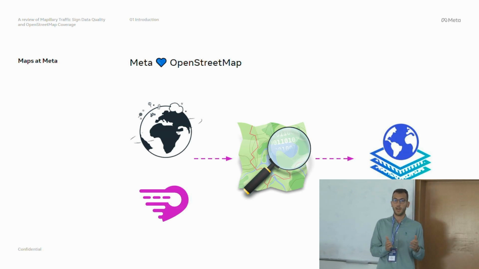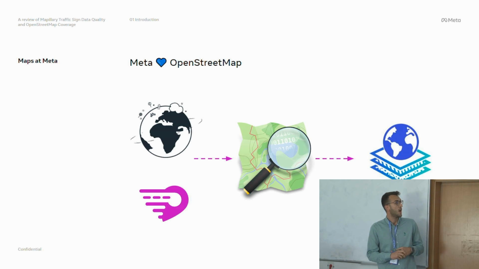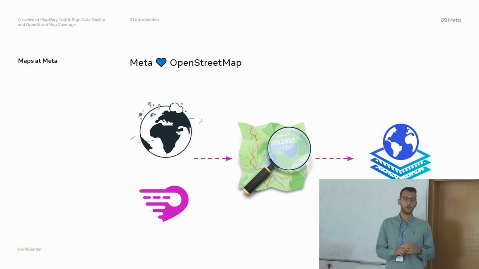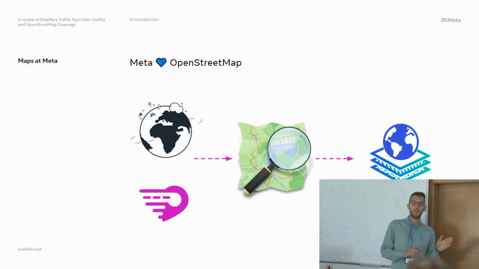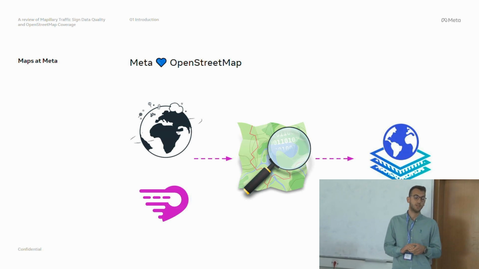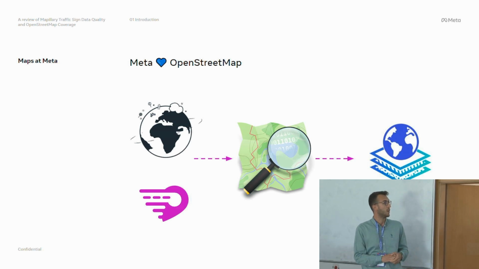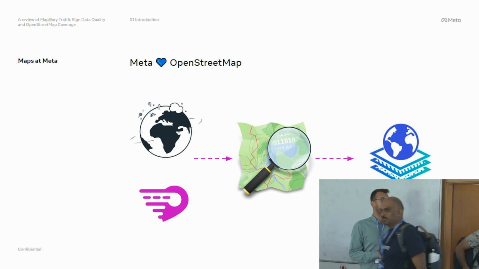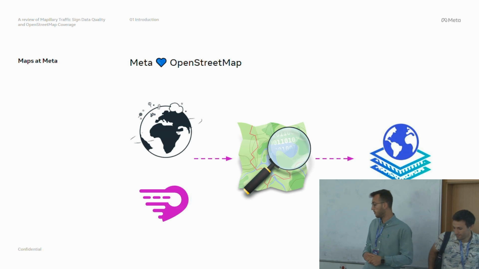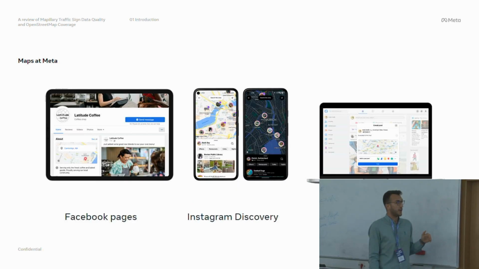We have different editors: iD editor, Rapid, and JOSM. Rapid is also a tool where you can verify ML-detected, computer vision-detected roads, and validate whether they are really roads. So those tools allow improving OSM, and eventually this data goes to Overture as well.